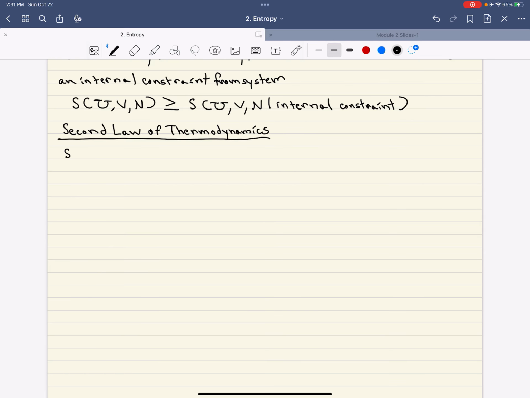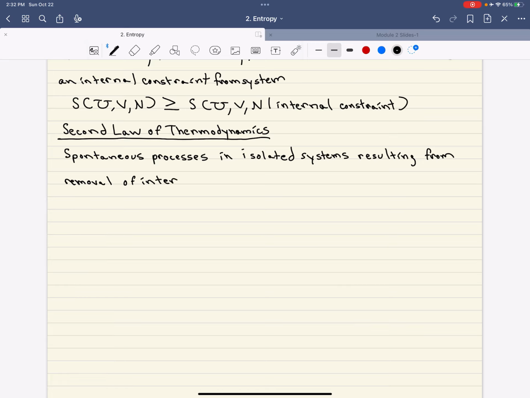Such that spontaneous processes in isolated systems that result in the removal of an internal constraint can only increase entropy.